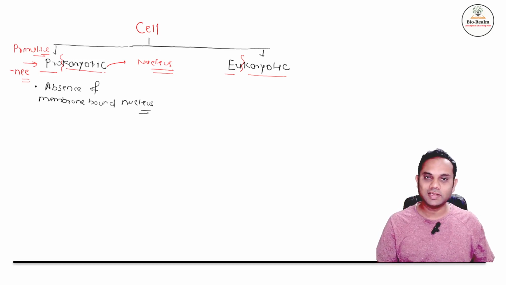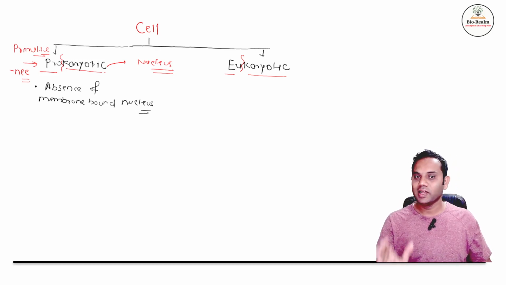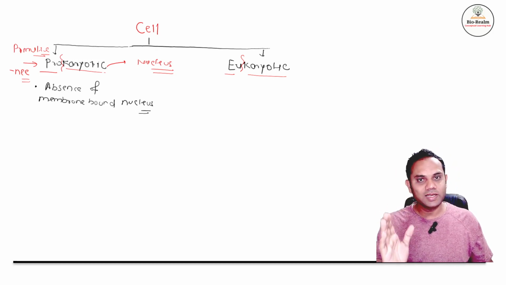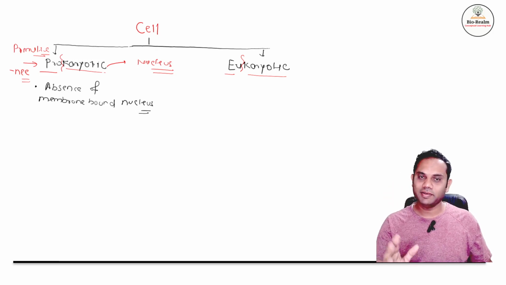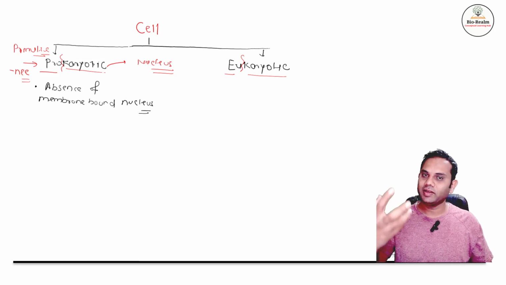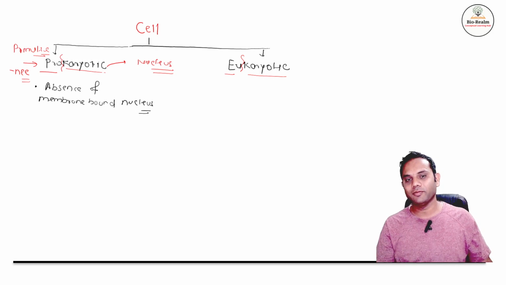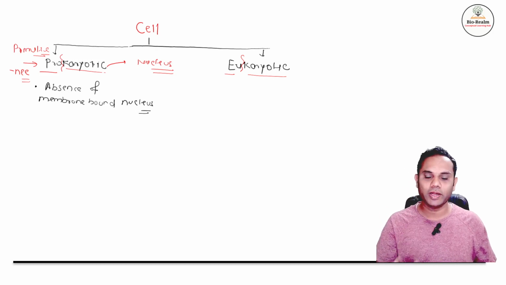Means prokaryotic cells are the kinds of cells in which the nucleus is absent. If it is present, then it is in a very rudimentary form, that is the primitive form. Therefore it has the name prokaryotic cell.